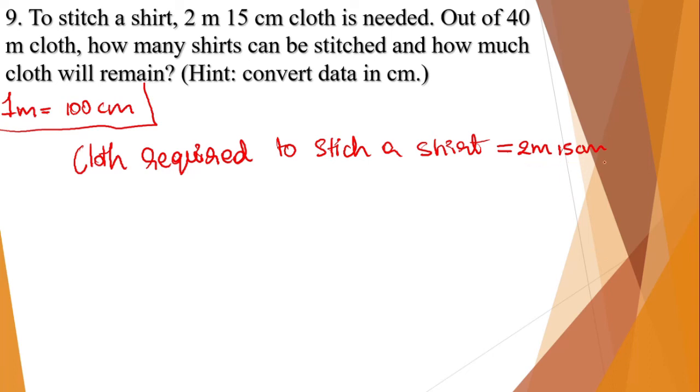Now we should convert this in centimeter. Now here we have 2 meters, right? And 15 is already in centimeter. So no need to convert it again. You can just add it at last. Now we should convert 2 meters. So we have 2 meter 15 centimeter. Right. Now here we know that 1 meter is equal to 100 centimeter.